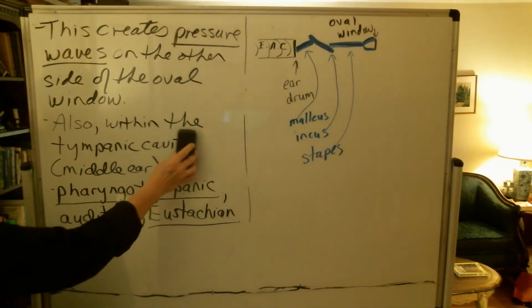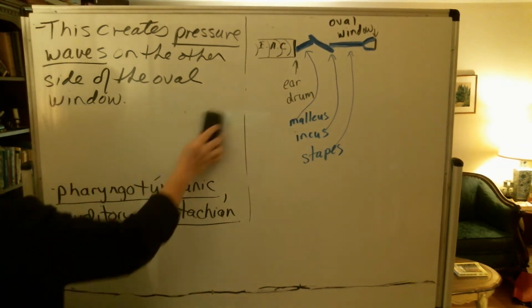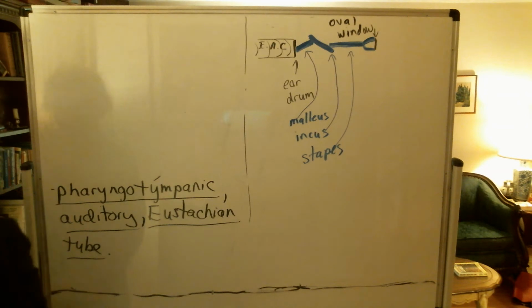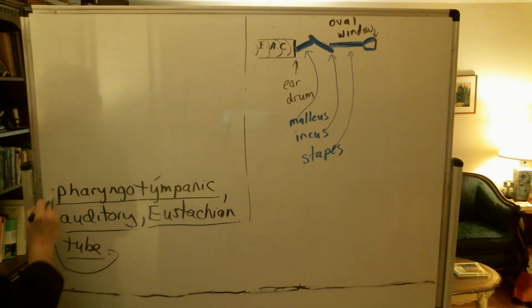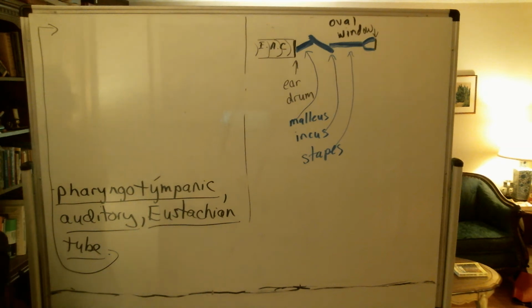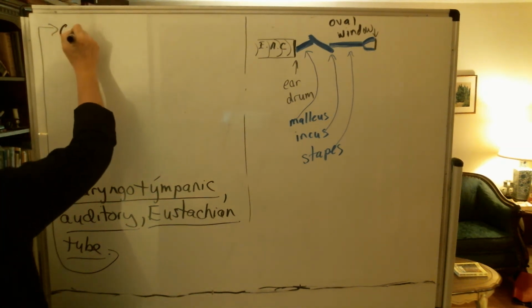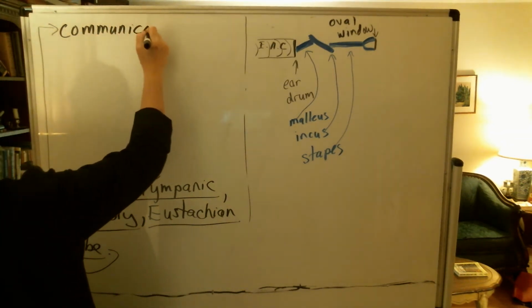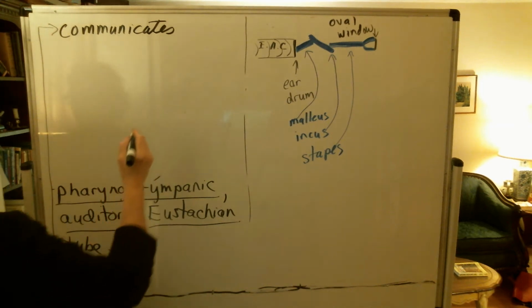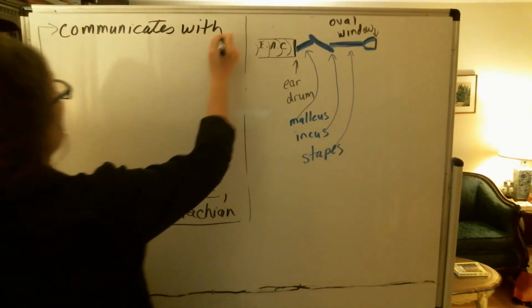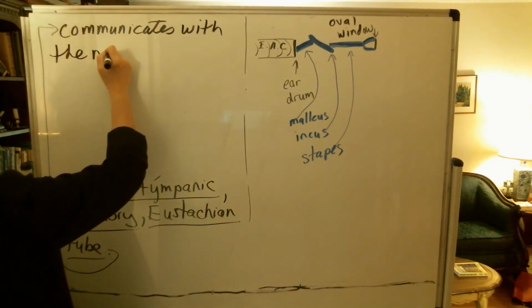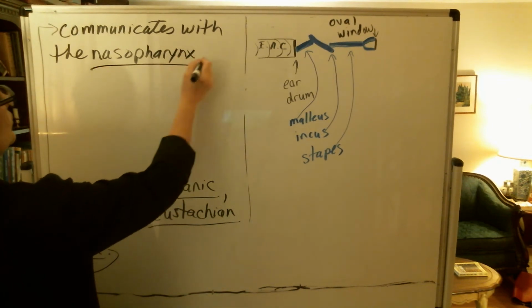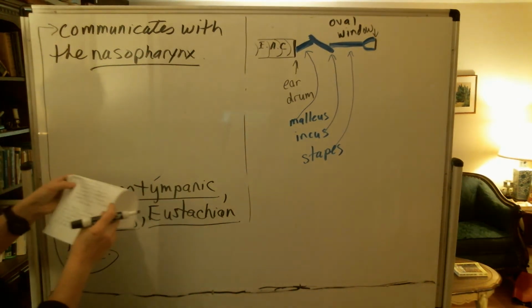So what does this one thing do? This tube here is one you should remember. The pharyngotympanic tube communicates with the nasopharynx. You remember this now, I hope.